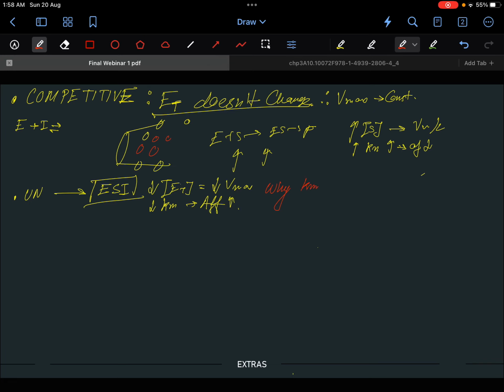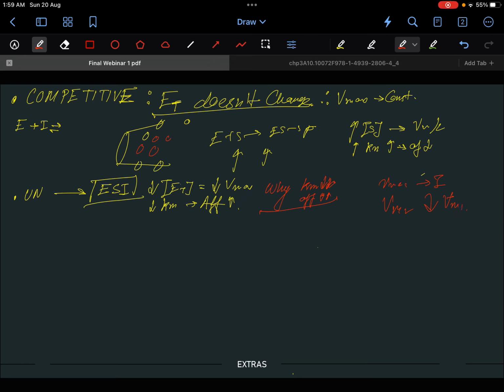Why Km is decreasing, or you can rewrite it as why affinity is increasing while we are adding inhibitors, right? The concept is that an uncompetitive inhibitor lowers the measured Vmax. If I am measuring Vmax 1 before adding the inhibitor, Vmax 2 will be lower than Vmax 1, right?